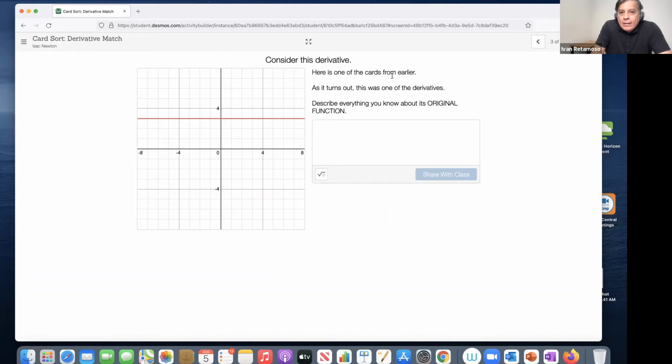Here is one of the cards from earlier, the ones that we put in the bottom, the graph of the derivative function. As it turns out, this was one of the derivatives. Describe everything you know about its original function. So any of you guys could tell me something about the original function whose derivative is this?